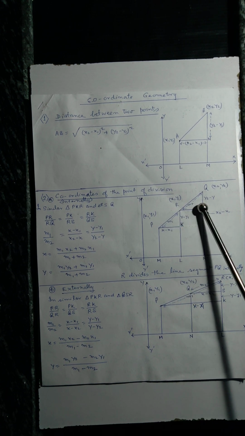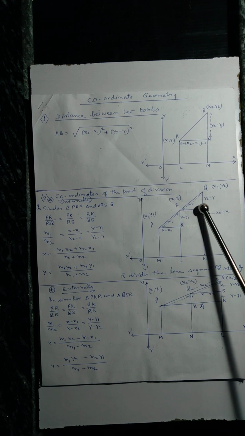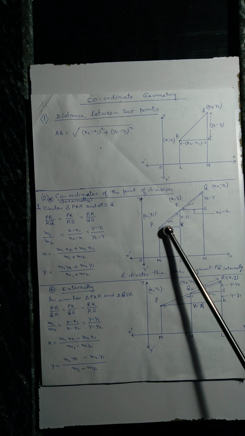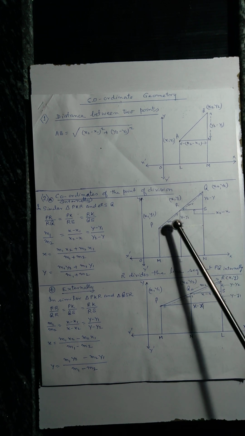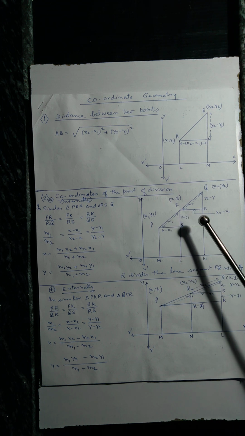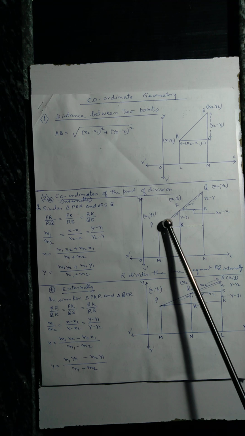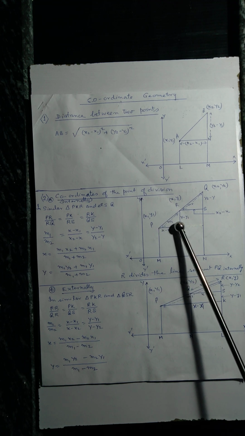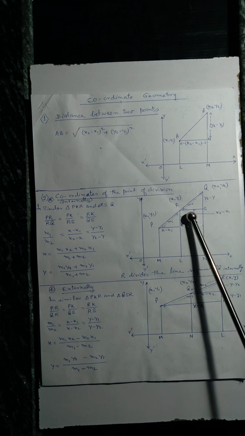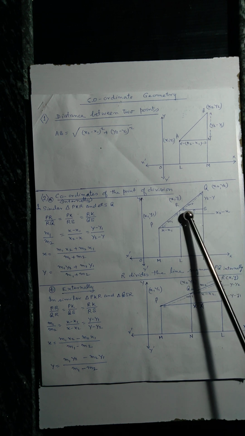Angle K is equal to angle S, that is 90 degrees. And angle P is equal to angle R, as corresponding angles. So by the two-angle criterion of similarity, these 2 triangles are similar. Therefore, their corresponding sides are proportional.